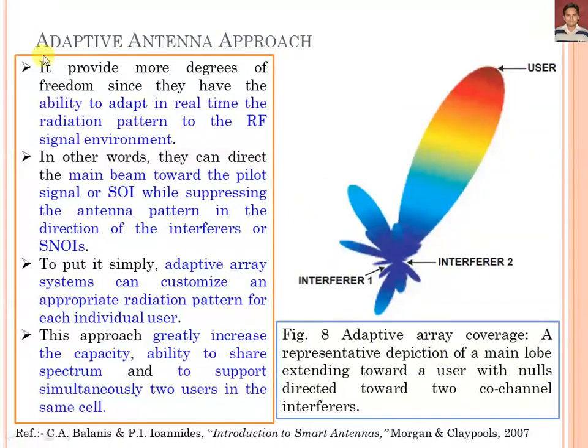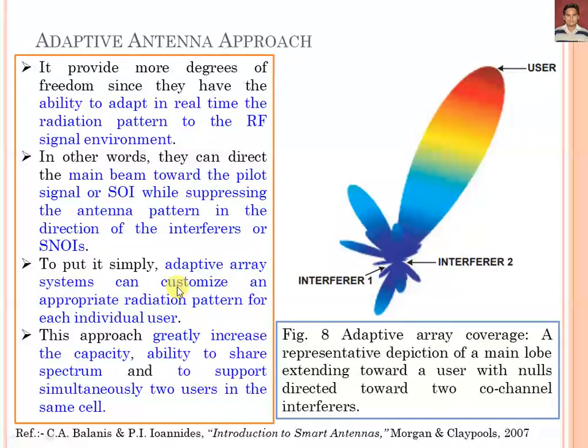But in the case of the adaptive antenna approach, you can see the adaptive antenna coverage has a main lobe extending towards the user with nulls directed towards the co-channel interferers. So we can say that the adaptive approach has the ability to adapt in time the radiation pattern to the RF signal environment, where the main lobe is the pilot signal or signal of interest, while suppressing the antenna pattern in the direction of the interference or signal not of interest.